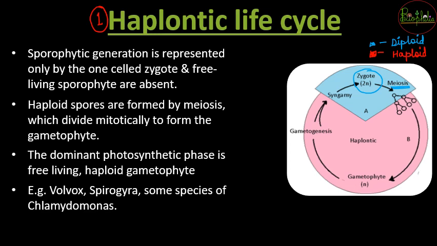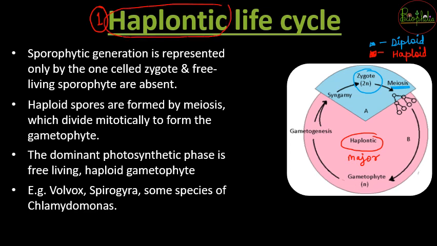So this difference between the time periods of the diploid and the haploid phase brings us to the maturity phase, that is, here the haplontic life cycle is going to be the majority or the major time. So since the haploid phase is going to be the majority, the life cycle will be called haplontic.